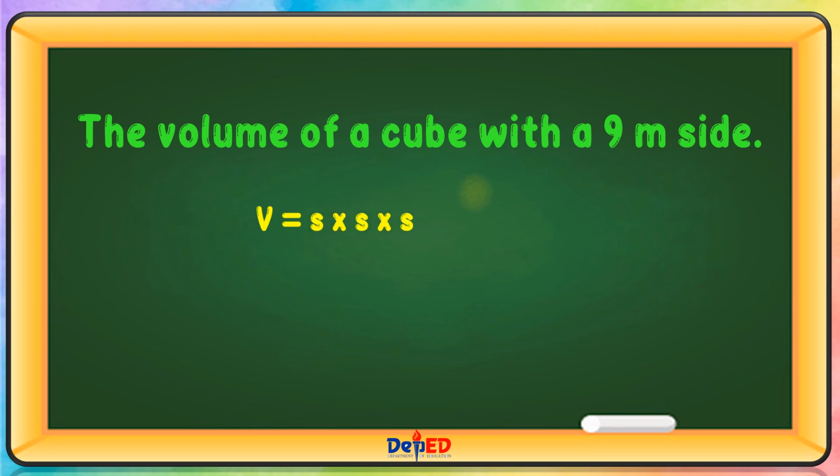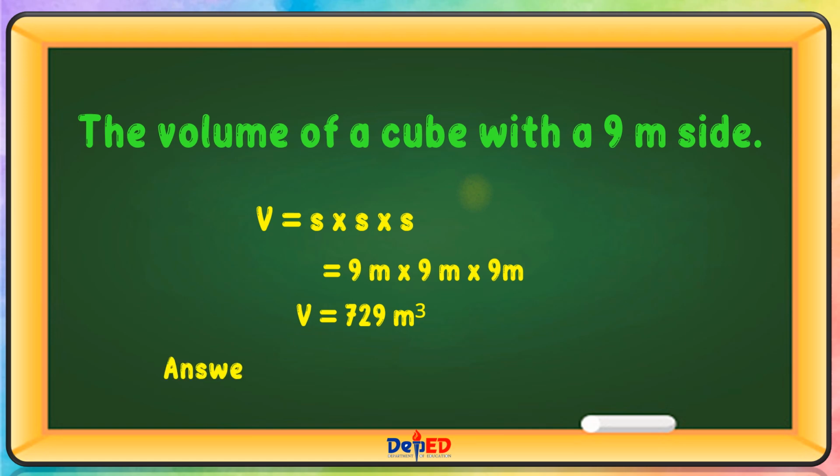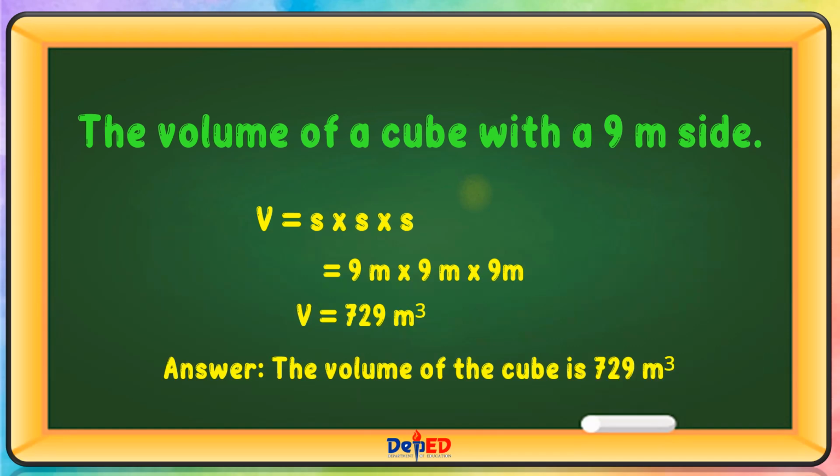Volume is side times side times side equals 9 meters times 9 meters times 9 meters equals 729 cubic meters. Our answer is the volume of the cube is 729 cubic meters.